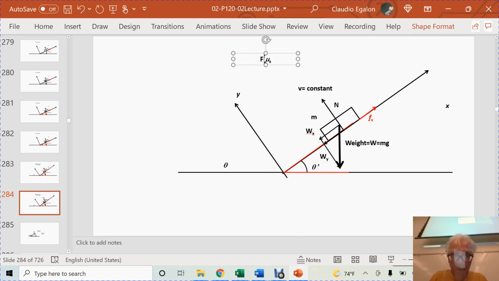Now it's already moving, find mu sub k. And here it's not going to be f sub s, it's going to be f sub k. The velocity is constant down the hill.